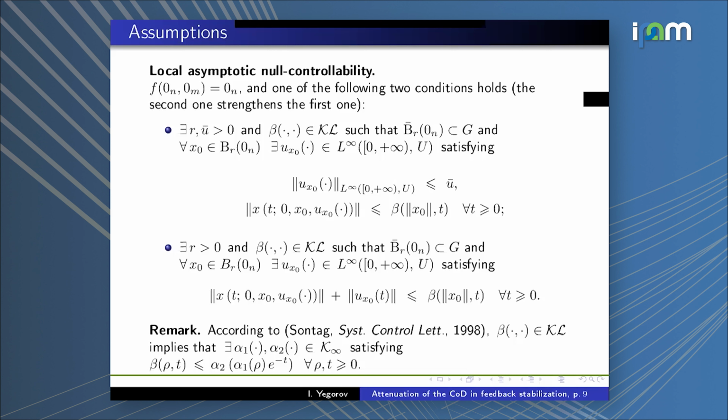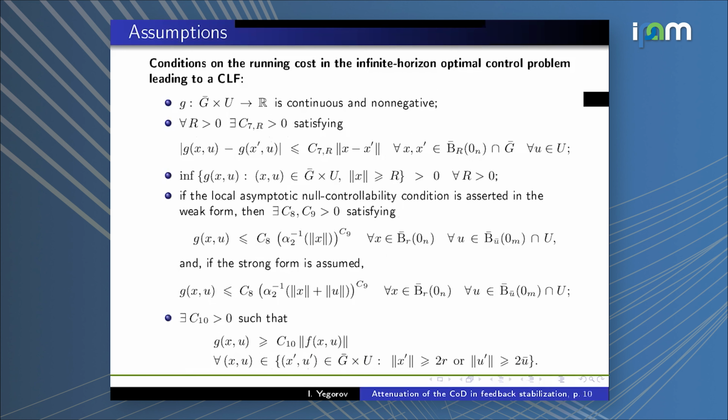And there are two types of such conditions. The first one doesn't require the control to approach zero. And the second one requires that the control should also approach zero when our trajectory approaches zero. Also, we want to reduce a stabilization problem to an optimal control problem.